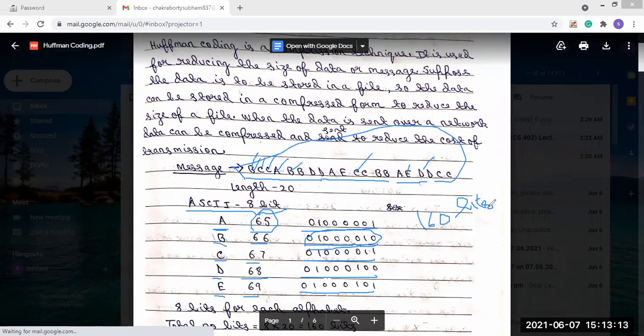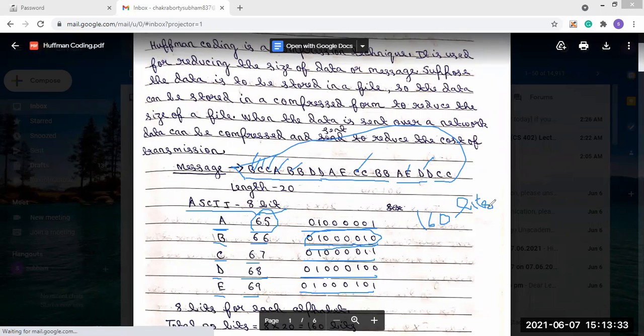For optimization, we have to use Huffman coding. But first let's see how much the bits are reduced in the fixed size case, and after that, we will see how using Huffman coding we reduce the bits.